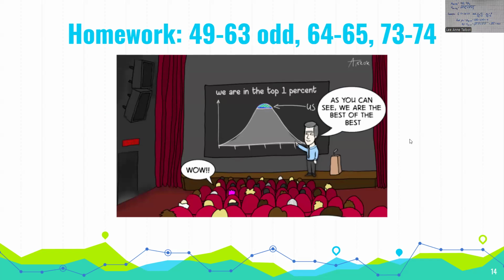Do you guys get why this is funny? Yes, yeah, I know. That this guy doesn't know what he's talking about. He did not take AP Stats clearly. I was just going to say uneducated about the bell curve.